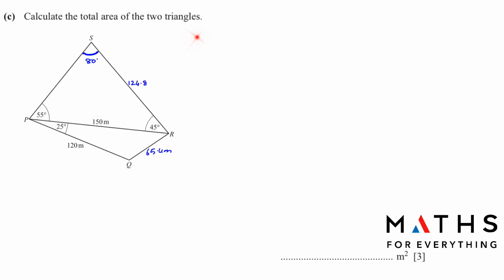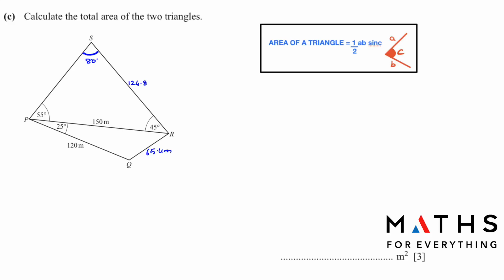Part C, calculate the total area of the two triangles. For this, you need the formula half ab sine C, where a and b are two sides and C is the included angle. So let's name it area 1. So total area will be area 1 plus area 2.